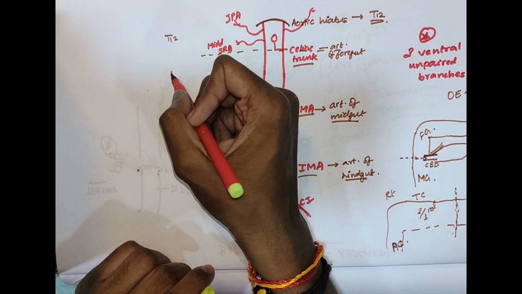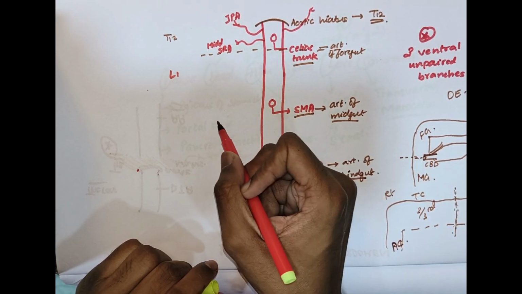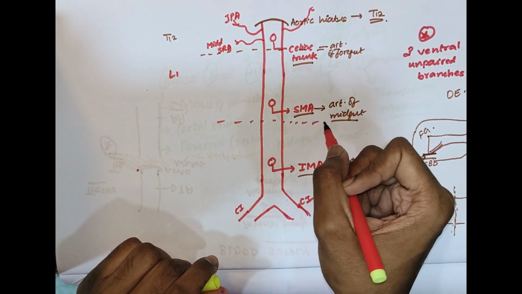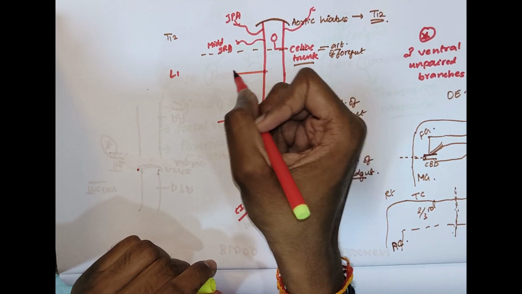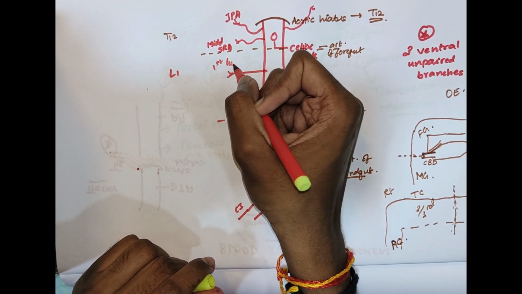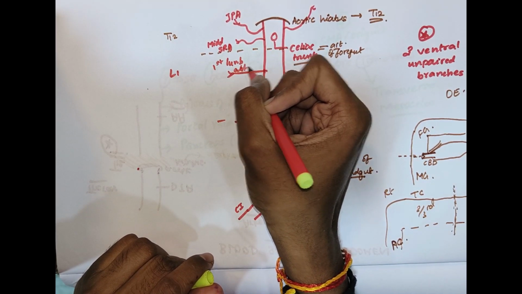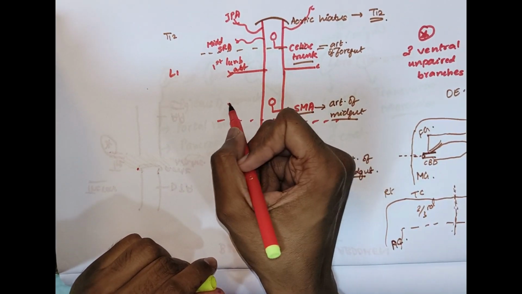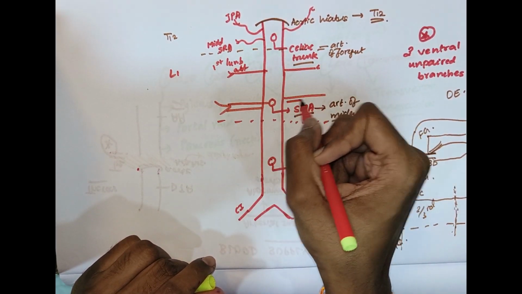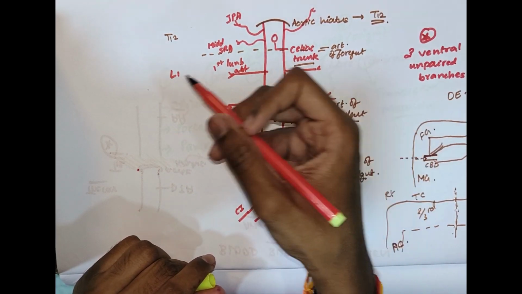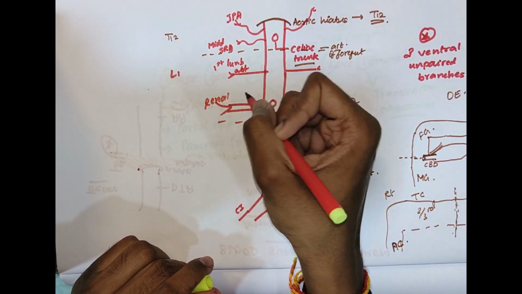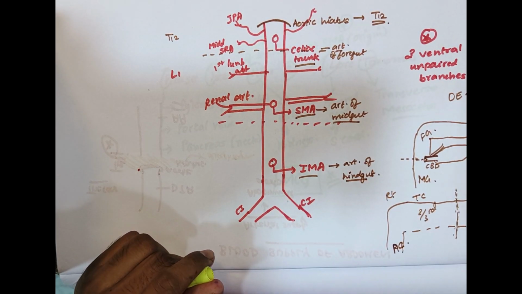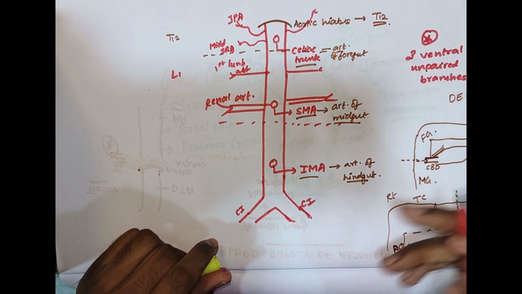At the level of L1, we have already seen the superior mesenteric artery. Also, we have the first lumbar artery on either side, and we also have two very important arteries known as the renal arteries on either side, of course.